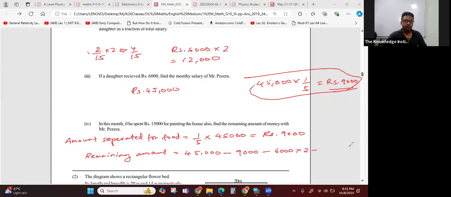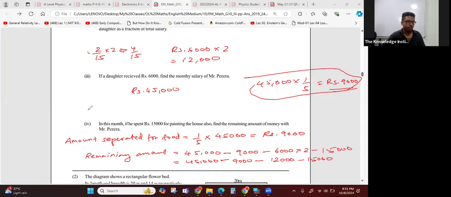And then minus, finally, he spent for painting the house, 15,000. So if you subtract all the expenses, then you will get the remaining balance. So here we get 45,000 minus 9,000 minus 6,000 into 2 is 12,000 minus 15,000.